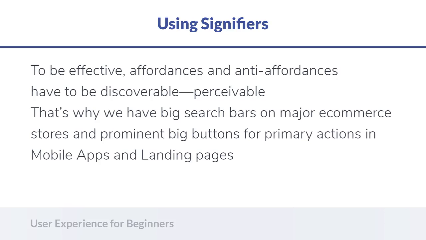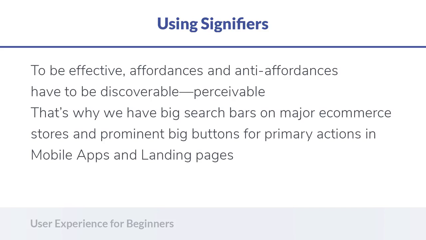It specifies that this primary action is possible on this website and you need to perform it. Now having a very big or very significant signifier helps a lot. The user can instantly see that this is an e-commerce store. I need to find or search over here. Most of the users are going to use search bars.